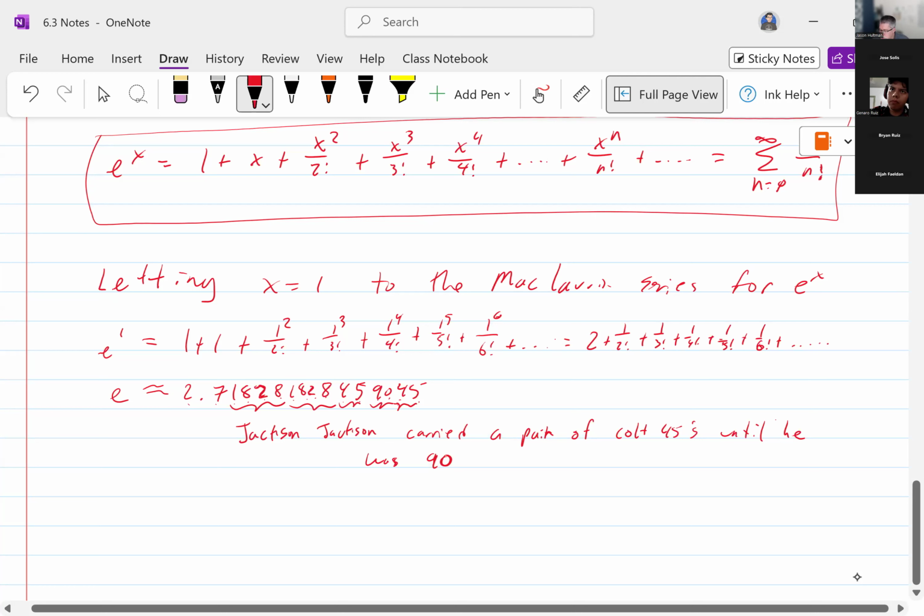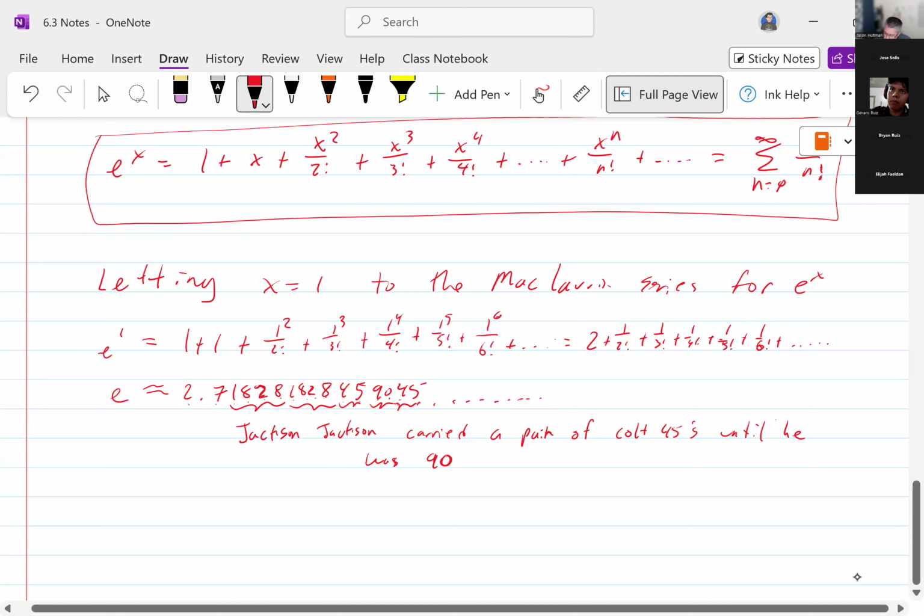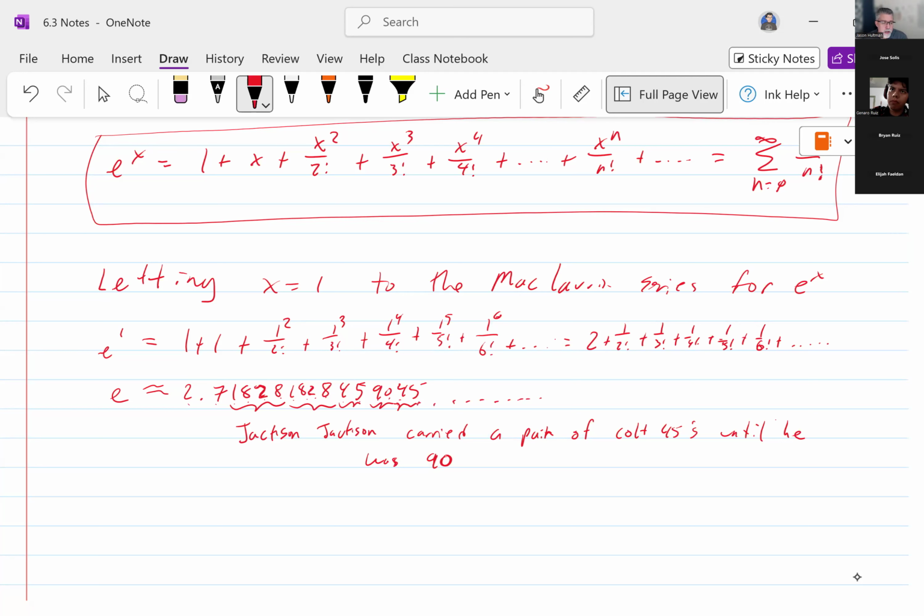We can use this recipe to get better and better approximations for e. And early on in the computing days, and sometimes even as recently as the 1990s, this was how people tested how powerful their computers were, how fast they were.